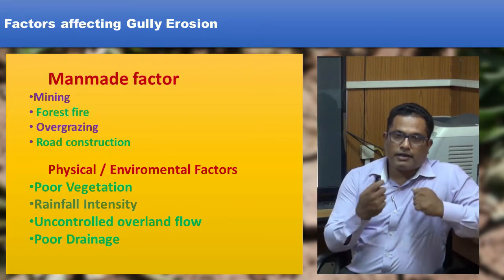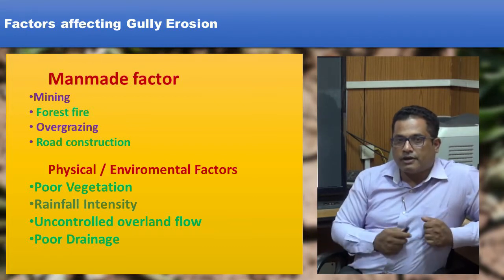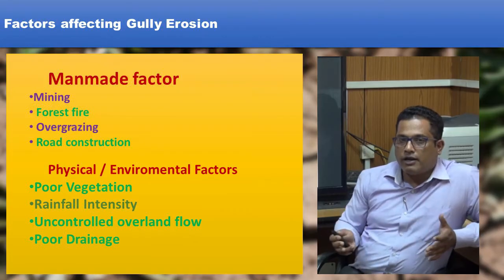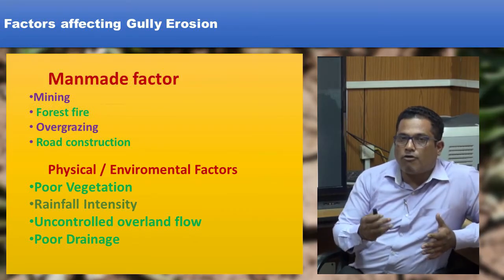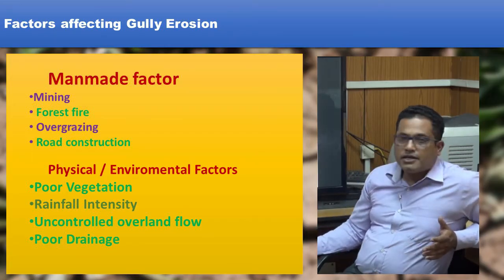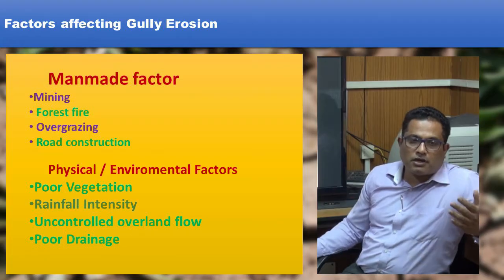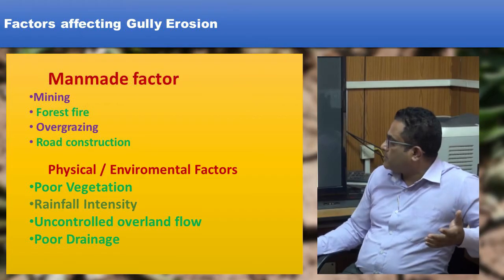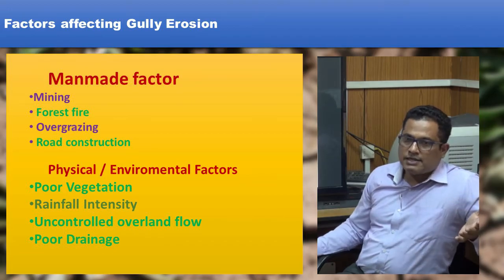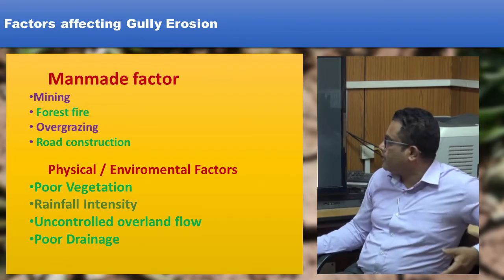The cattle will eat away the grass, but there would be less time for regeneration. The basic concept of conservation is defeated here. Regeneration does not take place, so grasses and shrubs are not allowed to grow. When vegetation is less, such places will be prone to soil erosion.